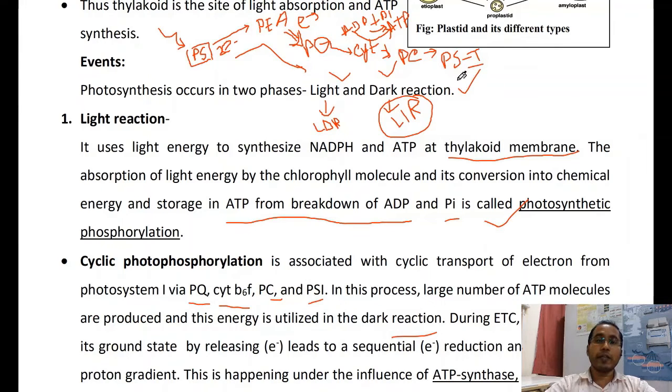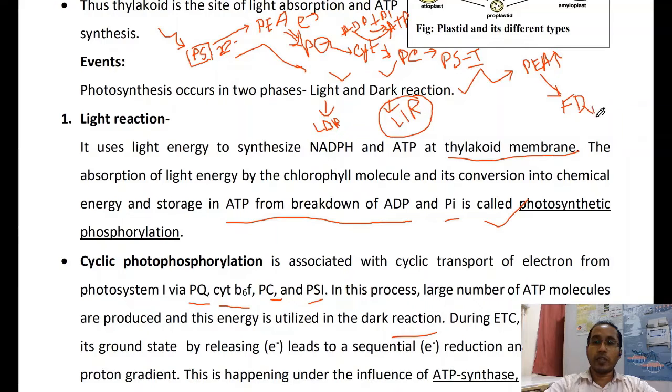So after entering PS1, in the cyclic reaction, it will again transfer to the photosynthetic electron acceptor site, and this acceptor will be excited. To minimize this, it again transfers the electron to ferredoxin. This is the difference here. In the non-cyclic case it goes directly to plastoquinone, while in the cyclic case it goes to ferredoxin.